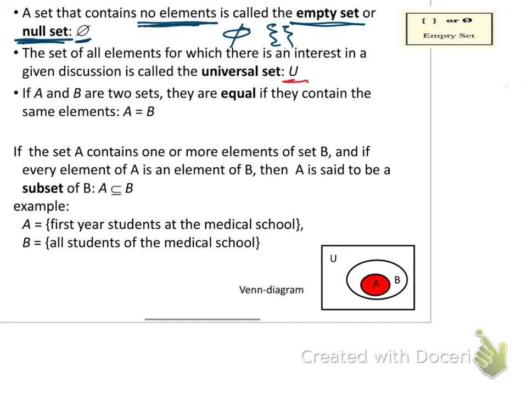Okay, so let us talk about this. This is about the equal sets. I think it is better to jump to an example to make it clear that we understood the universal sets.